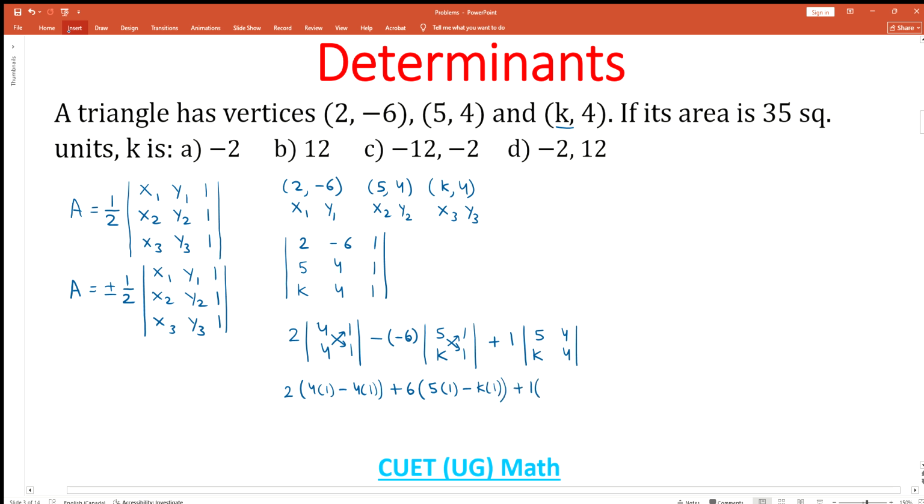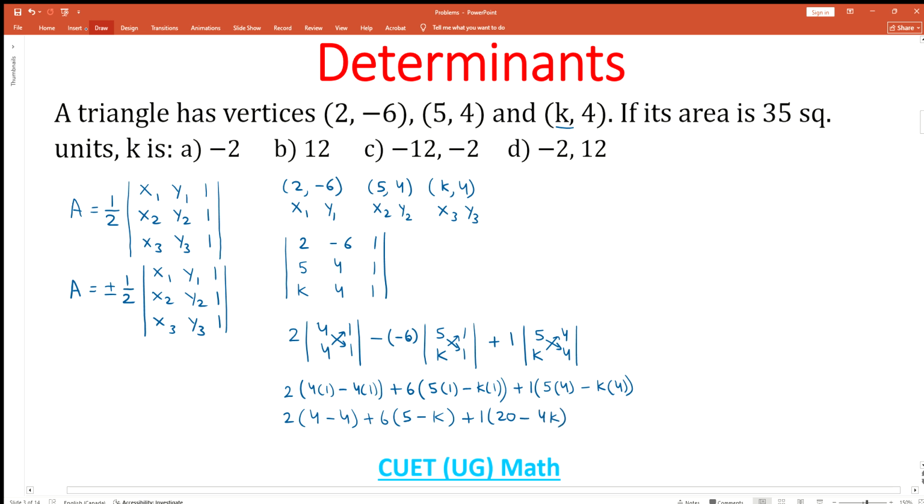And for the third 2 by 2 matrix we do 5 times 4 minus k times 4. Now we can simplify the terms. 4 times 1 is 4. 5 times 1 is 5. k times 1 is k. 5 times 4 is 20. k times 4 is 4k.